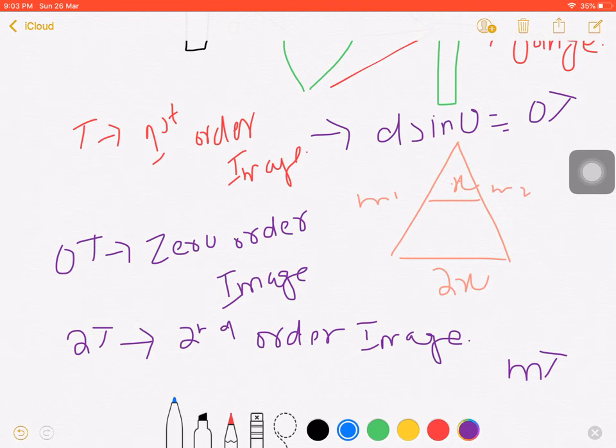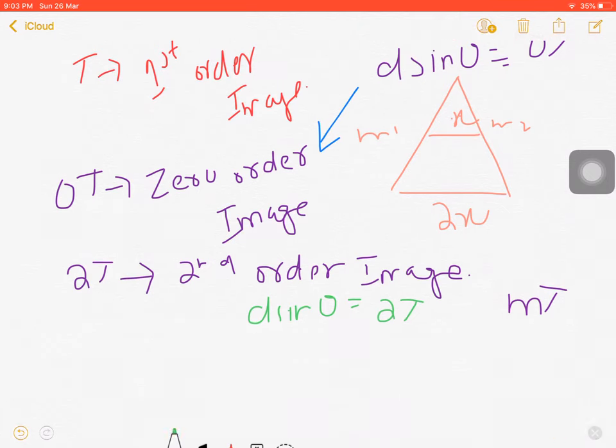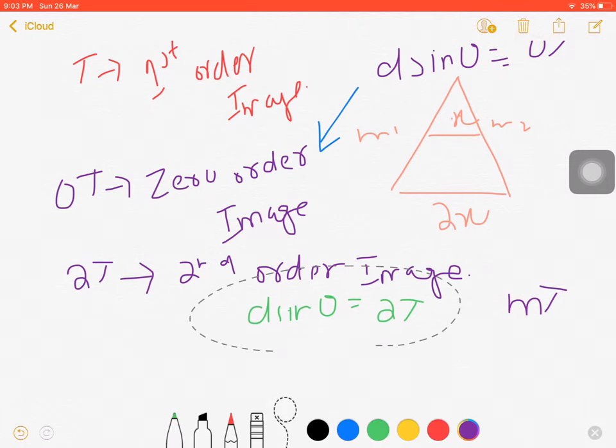If we talk about this other condition, it will be D sine theta is equal to 2 lambda. This will be the condition over here.